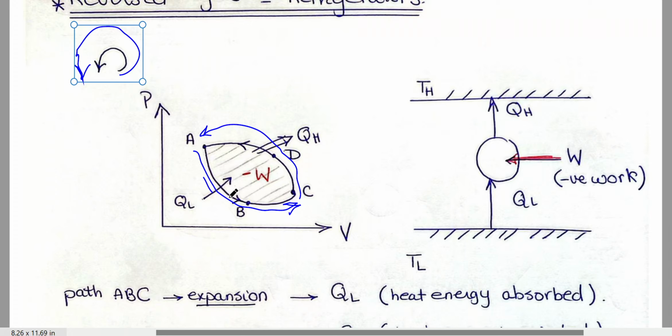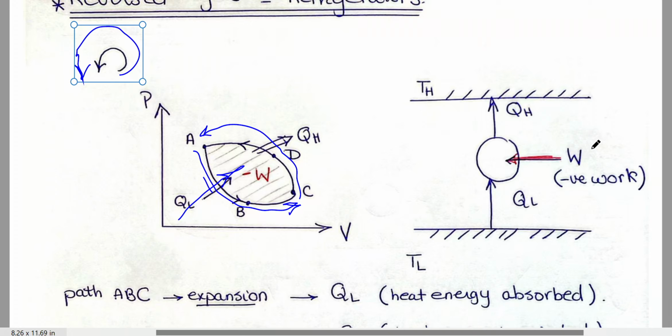While going from A, B, C, the gas has to absorb an amount of heat. Now the gas is absorbing QL and rejecting QH. To symbolize this, we symbolize the refrigerator as a circle working between two temperatures, TL and TH.